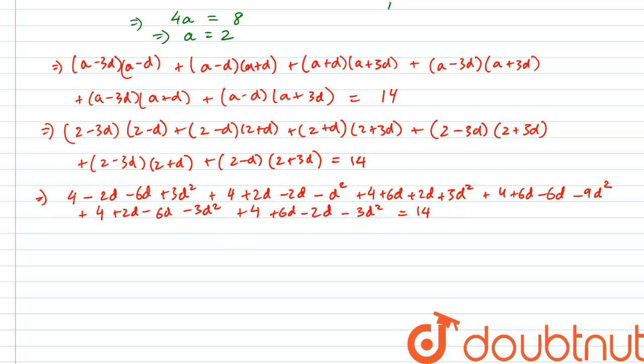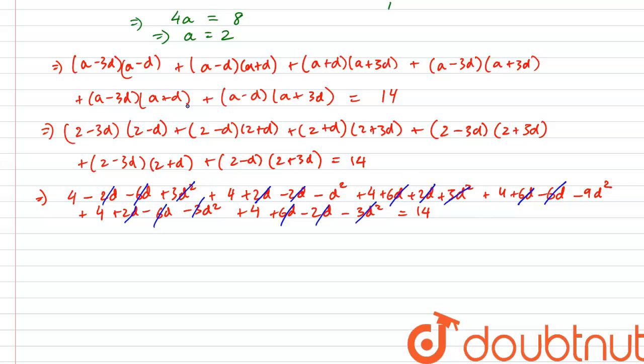So let us see what we can cancel from these. We can cancel this plus 6D with this minus 6D. We can cancel these two 2Ds and then we can cancel the remaining D terms, and then we can cancel these D squares and also these D squares.